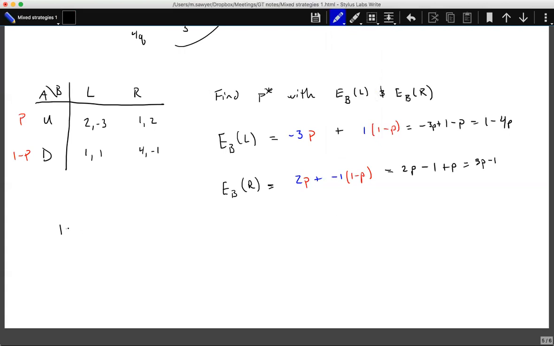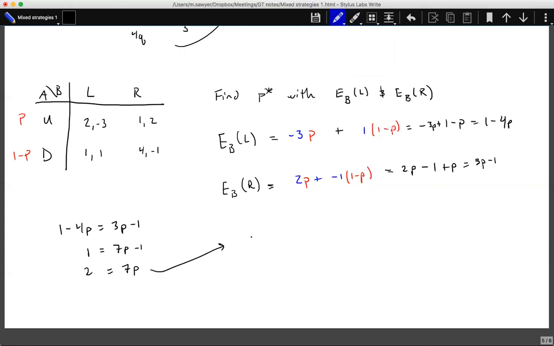So setting these equations equal to each other, 1 minus 4P equals 3P minus 1. I move the 4P over, so I get 7P, and I add the 1 over, so I get 2 equals 7P.